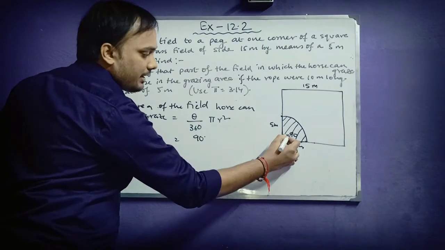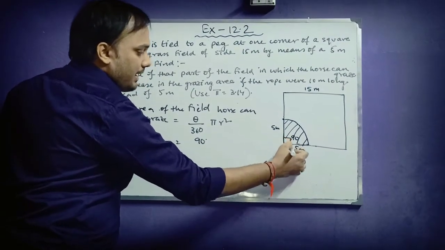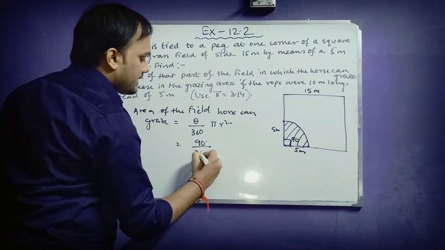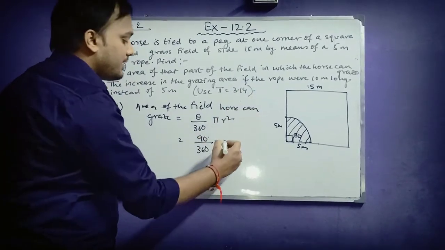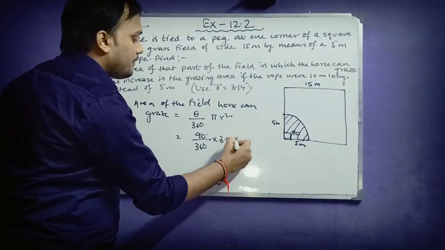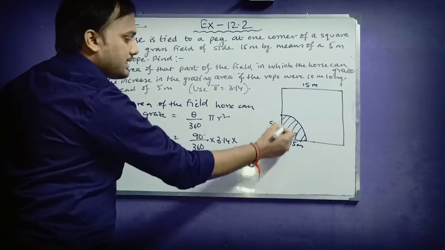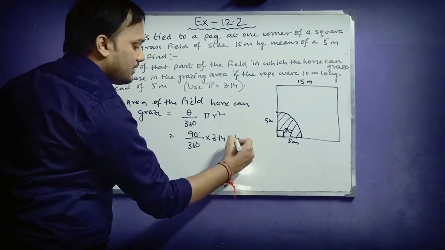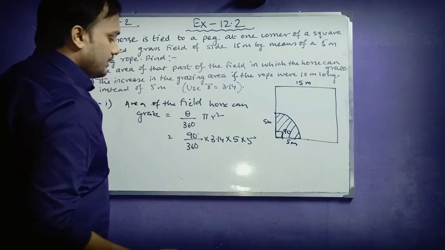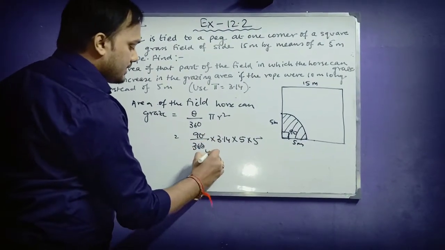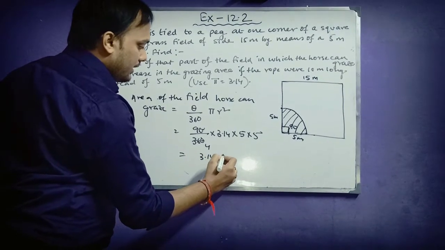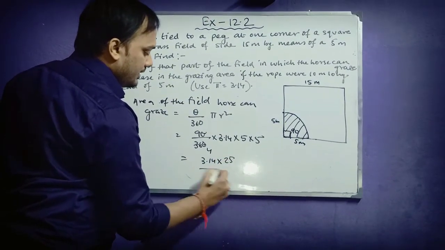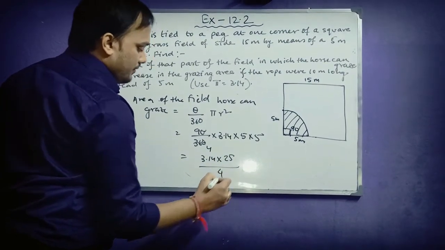Because here the central angle is one of the angles of the square, that is 90 degree by 360, and pi we are asked to take 3.14. So we cannot take 22 by 7. It will be 3.14 into the square of the radius. And as I said, the radius will be 5 here. So we will do 5 into 5. So 3.14 into 25 by 4.